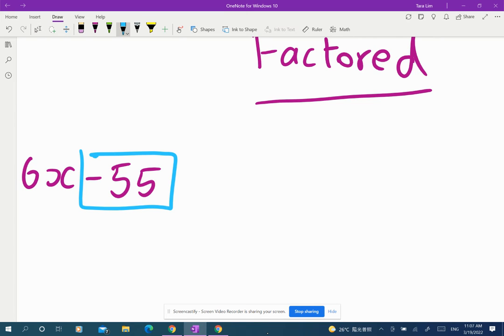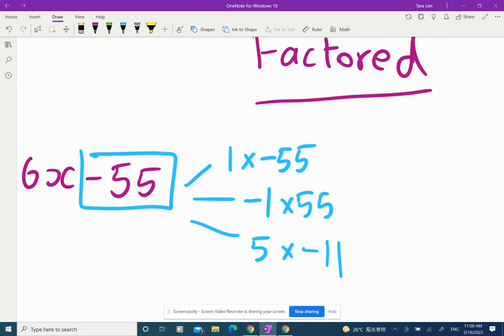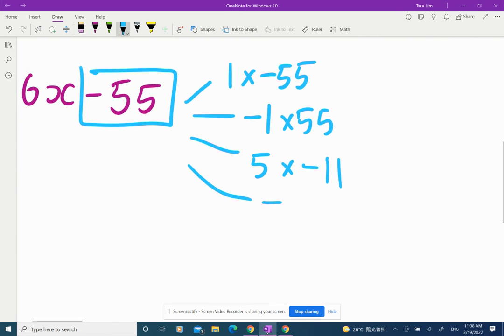Because it is a negative 55, it gives us a hint that one of the numbers has to be a negative number. So we have 1 times negative 55, negative 1 times 55, 5 times negative 11, and negative 5 times 11.